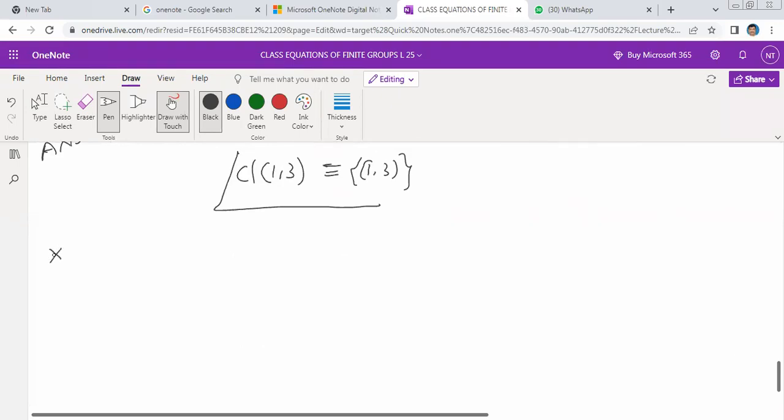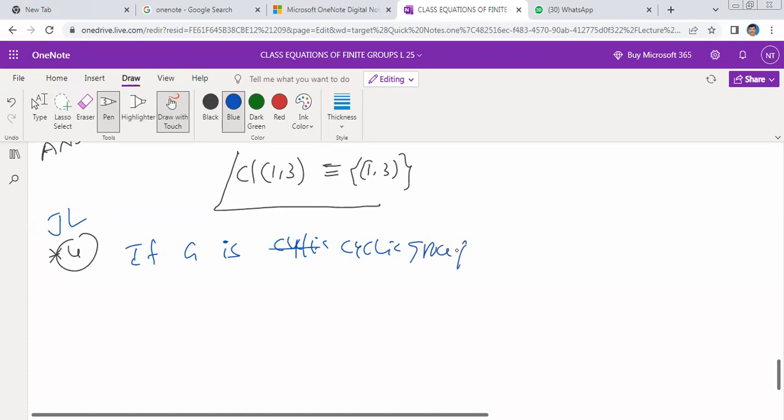Next, it is a previous JL question. If G is a cyclic group and A belongs to G, then what is the conjugate class of A?